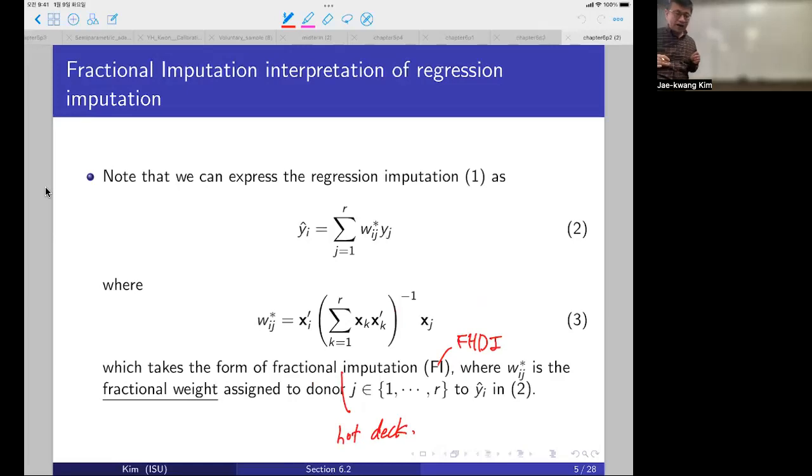So what do we mean by hot deck? Well, there's a historical story. The Bureau of Census was established very early, about 300 years ago. The third president of the United States was the first one who created the Bureau of Census.